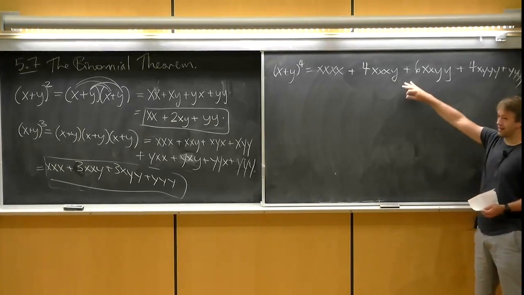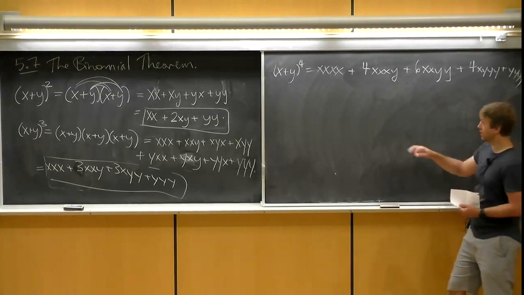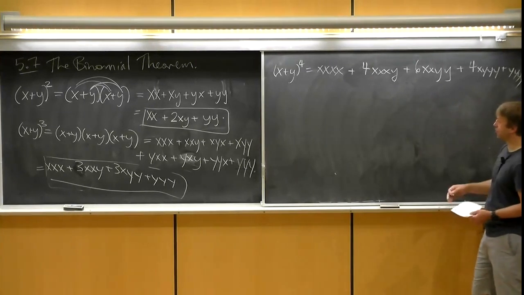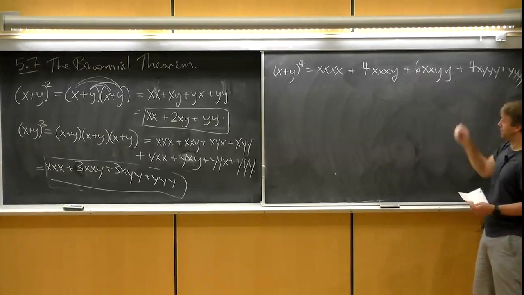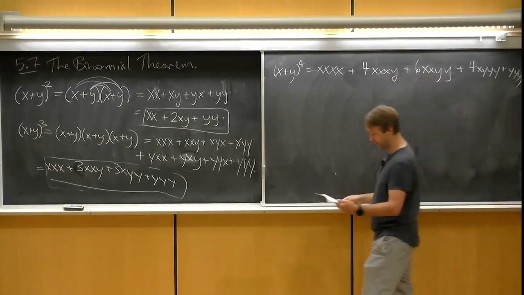What I'm trying to say is these numbers don't just come from nowhere. Why do the numbers 4, 6, and 4 show up there? That's because of the binomial theorem.